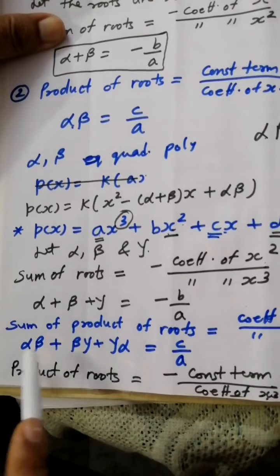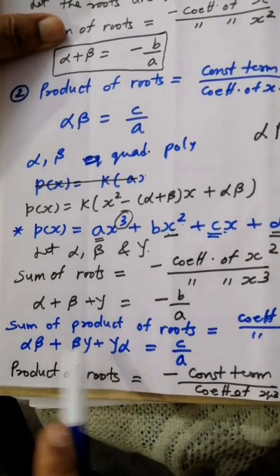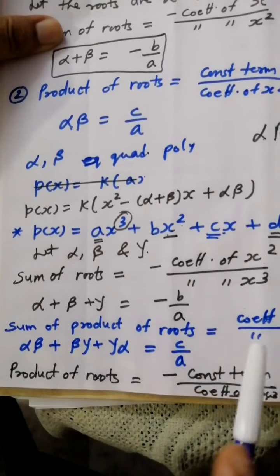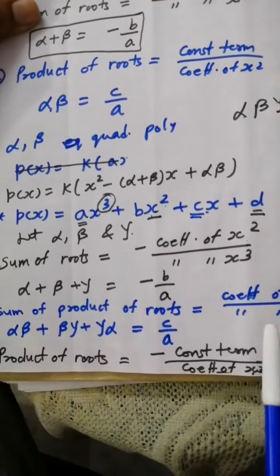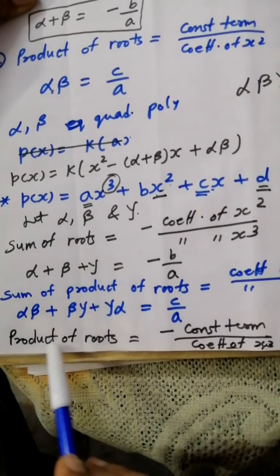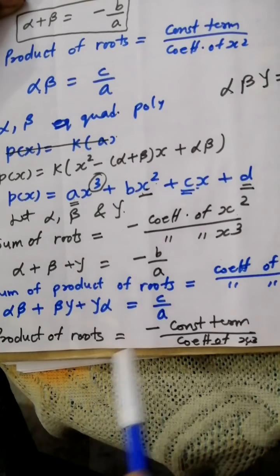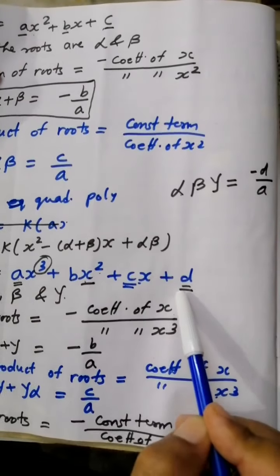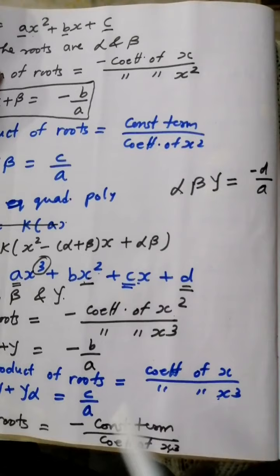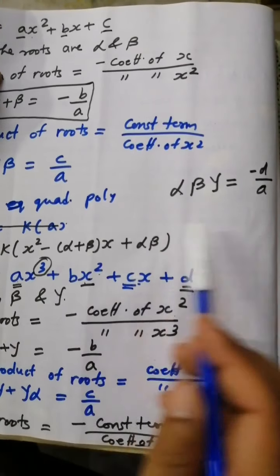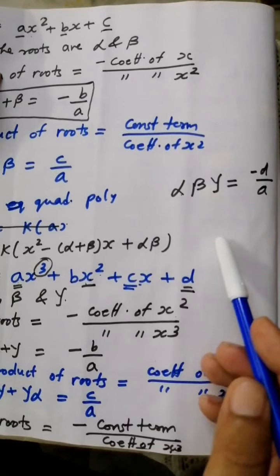So alpha beta plus beta gamma plus gamma alpha equals c upon a, where c is the coefficient of x and a is the coefficient of x cube. And the product of roots equals minus the constant term divided by the coefficient of x cube. The constant term is d, with a negative sign, so minus d upon a.